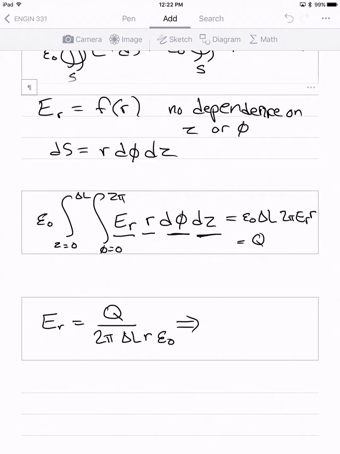And remember, we were asked for the actual electric field intensity, so that is E, the vector, which is going to be E is a hat r times q over 2 pi delta L r epsilon naught. So that's part A of problem 10.